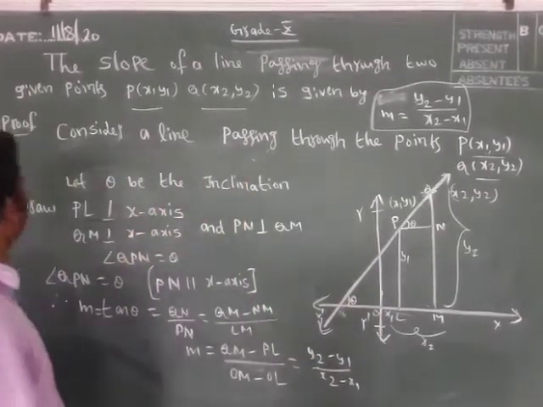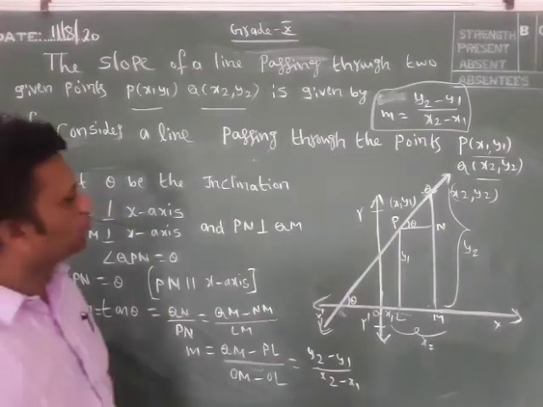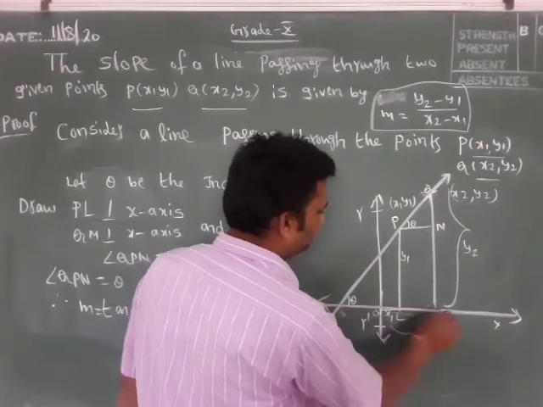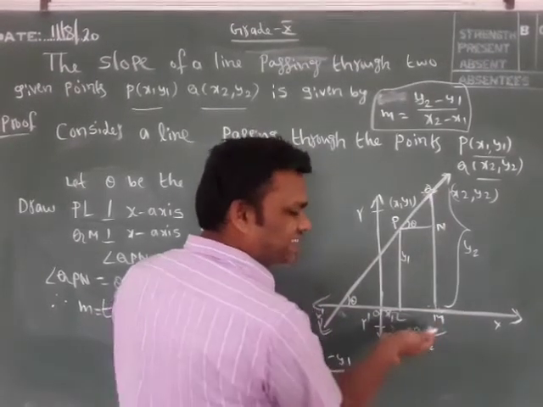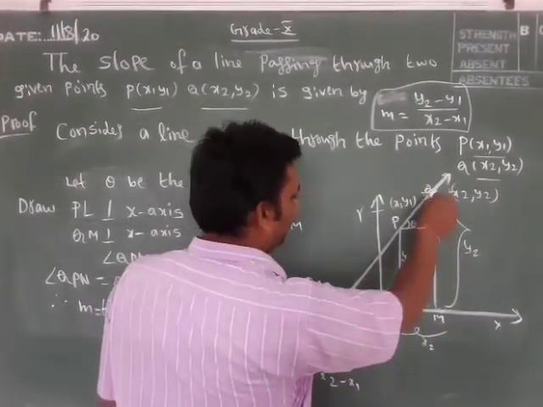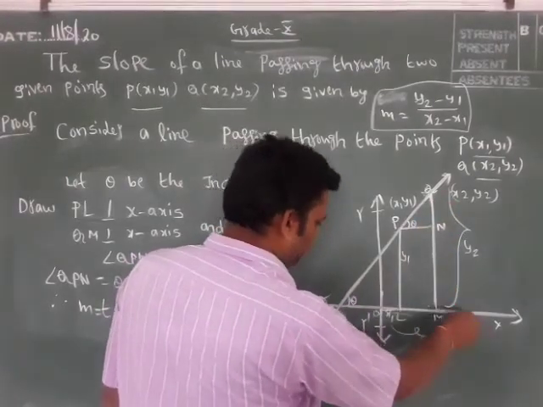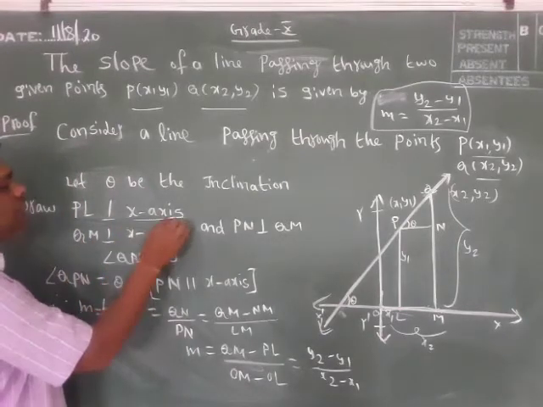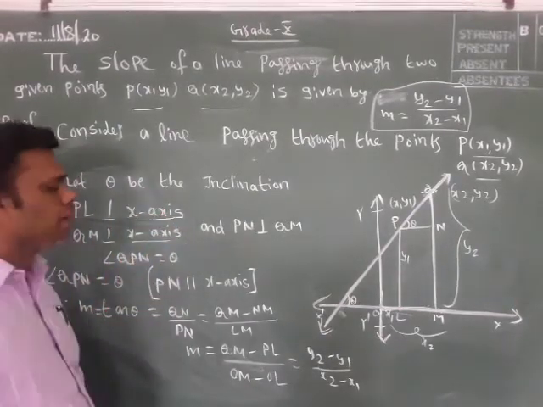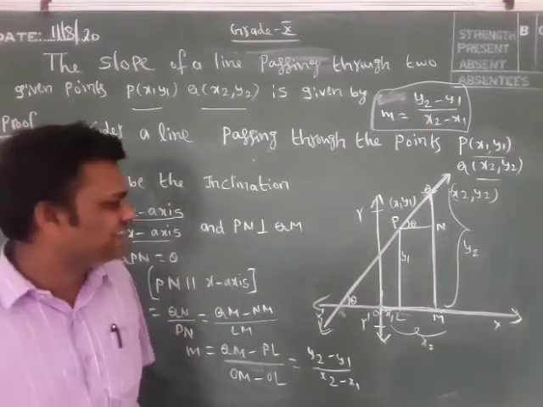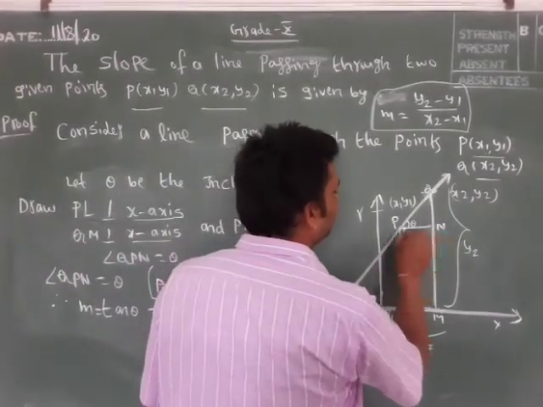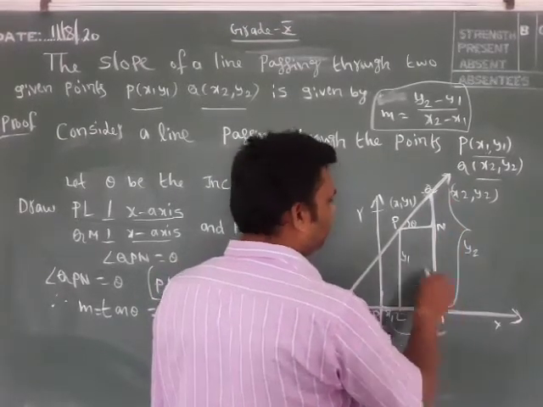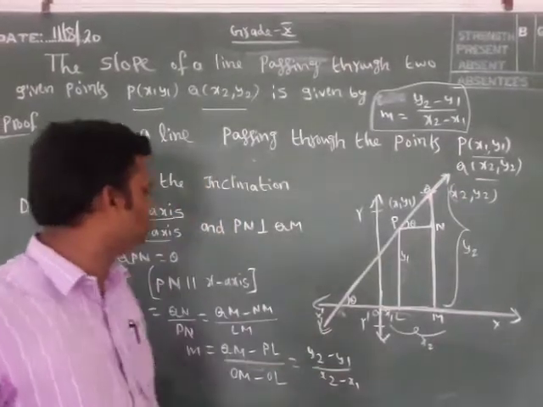Now I draw PL, which is perpendicular to the x-axis, and QM, which is also perpendicular to the x-axis. PN is perpendicular to QM.